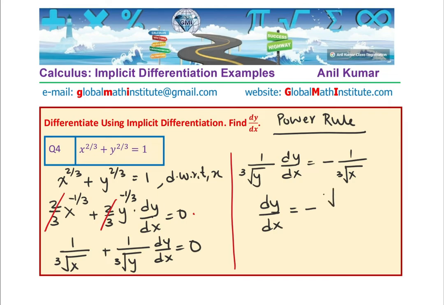So we get cube root of y over cube root of x. Make sense? You could also write this as dy dx equals negative cube root of y over x. So that becomes the derivative. So you see how we have found dy dx very easily using implicit differentiation. Perfect. So I hope it makes sense.